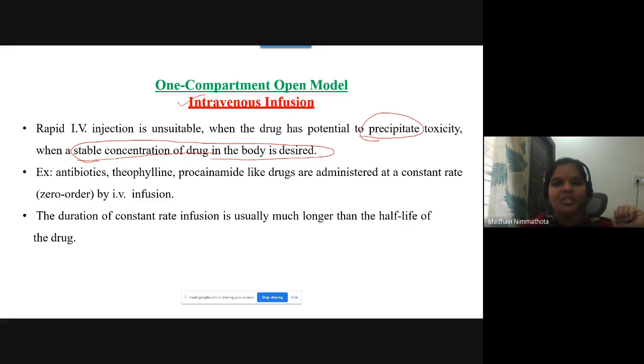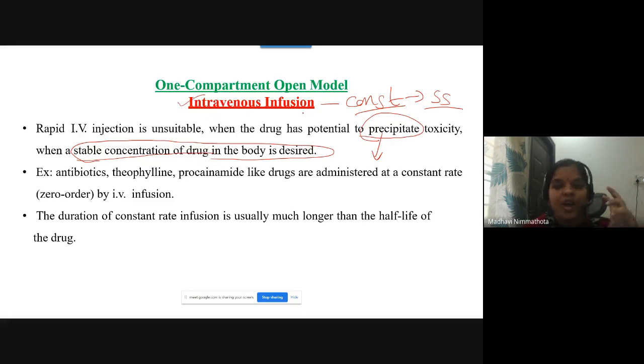Why? Because this is a constant pathway, so we need to get steady state here. If the drug precipitates, or maintains an unstable concentration, we definitely could not achieve proper drug release through this intravenous infusion.